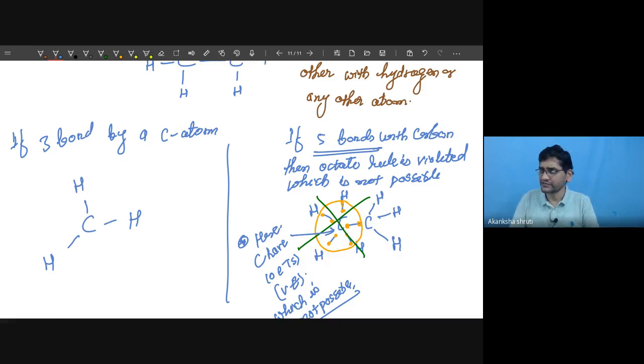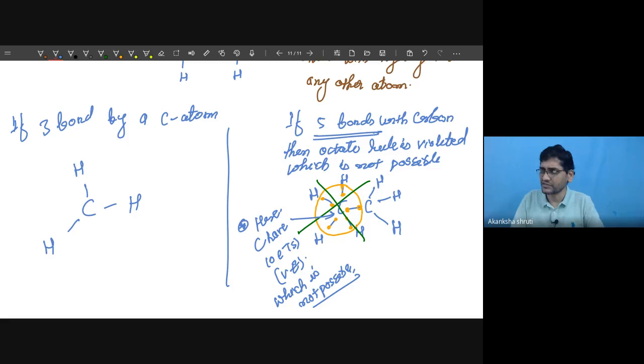What is the problem with this? Why can CH3 not exist? Students, here we are observing this carbon. How many electrons does it have? For counting the electrons, each bond corresponds to 2 electrons: 1, 2, 3, 4, 5, and 6.